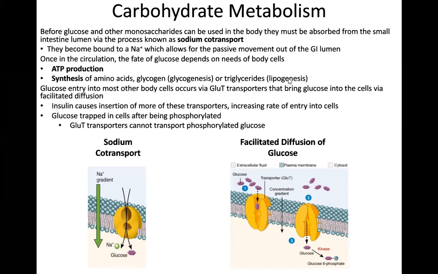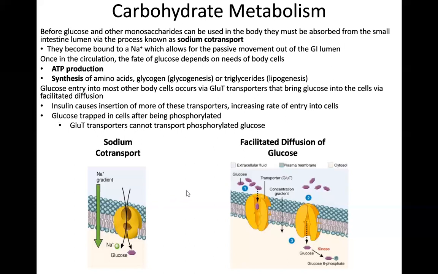But if we're going to store fat, if we're going to store glycogen, we have to bring those molecules into our cells, which is what this figure is showing you with what we call GLUT transporters. Glucose transporters are proteins that carry glucose from high concentration to low concentration. That's a form of facilitated diffusion. Previously, we learned that insulin is secreted when our blood sugar is high, meaning that we want to get glucose out of the bloodstream into our cells.